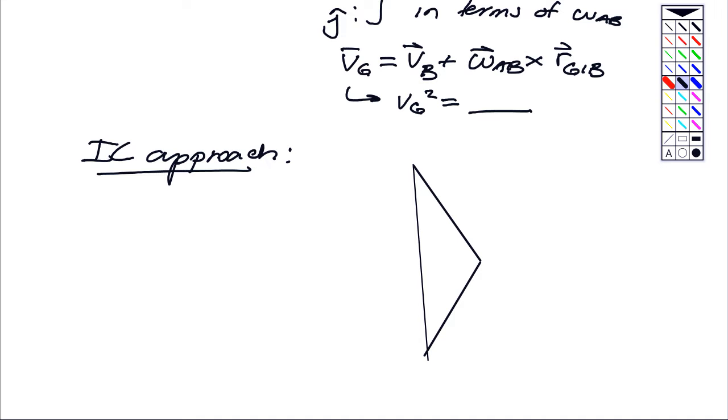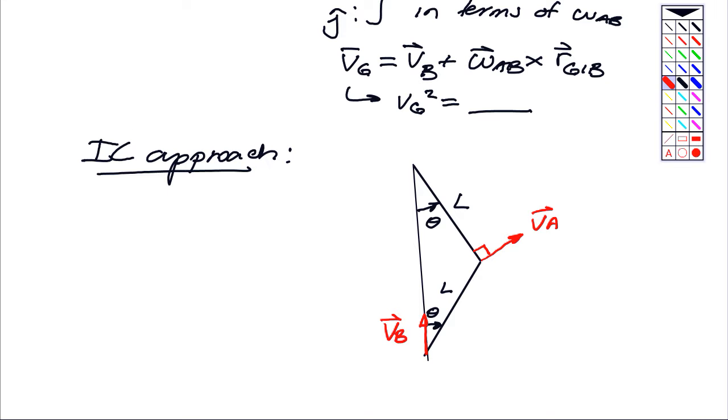One thing to observe about this is that this angle and this angle are the same. The reason for this is that these two links are the same. So what we know is that the velocity of A is going to end up being perpendicular to line OA. So VA we know is along this line because it's perpendicular to there. We know that the velocity of B is along this guide that we have.